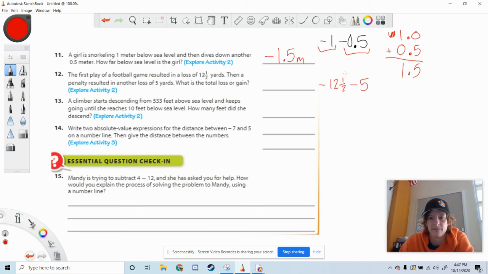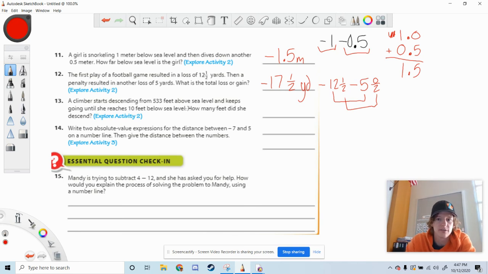These are all negatives. So what I'm just going to do is combine these. 12 and 5 makes -17, and then a half and nothing else. That half doesn't really combine with anything. This is 0 halves. So 1 half and 0 halves is another half. There we go. So this is yards.